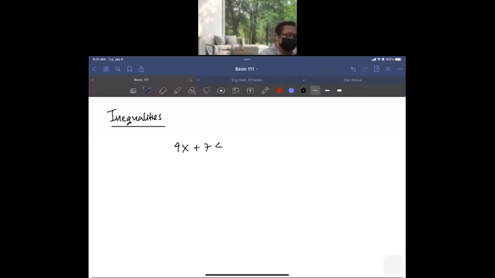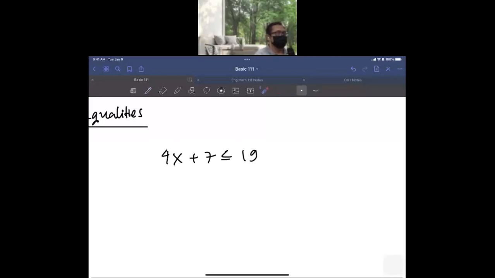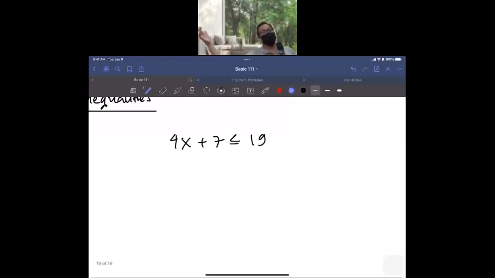When we deal with something like 4x plus 7 less than or equal to 19, what we are going to do is cover the inequality symbol first and just think of it as a normal equation.